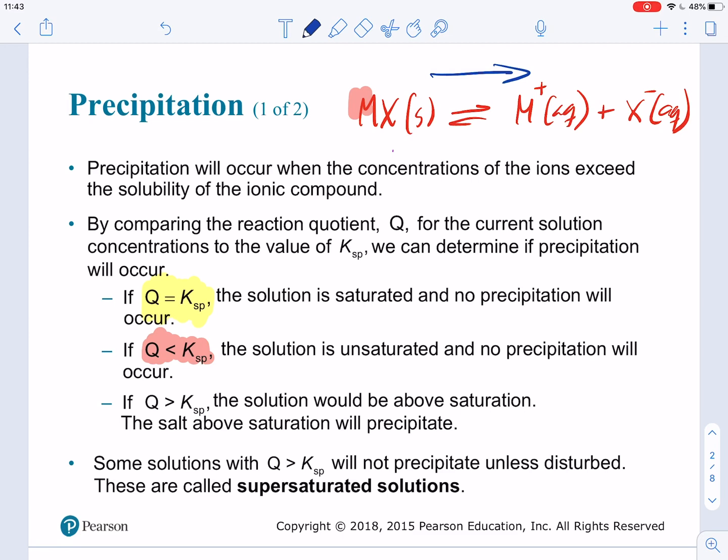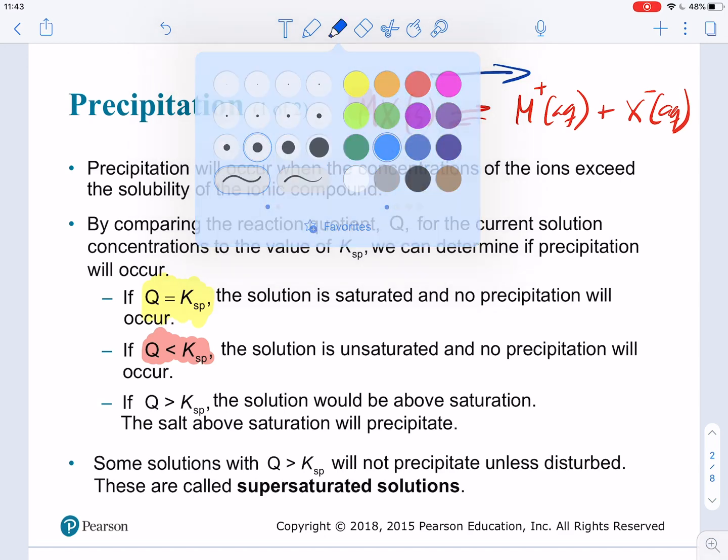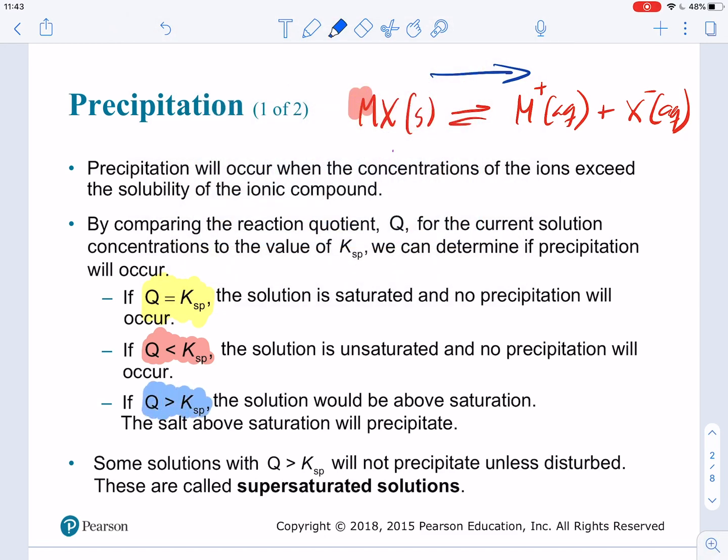Now things get interesting when you have Q larger than KSP, because a Q larger than KSP means that the concentration of the ions in this case are larger than they are supposed to be according to the equilibrium. And under normal circumstances for any other equilibrium, that means you are favoring the reactants.